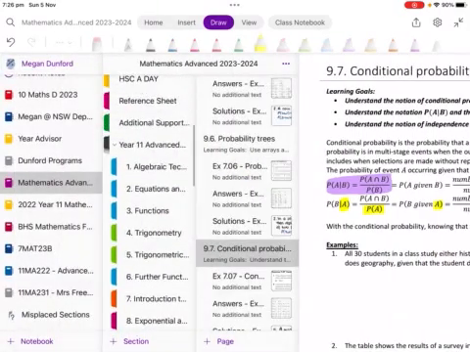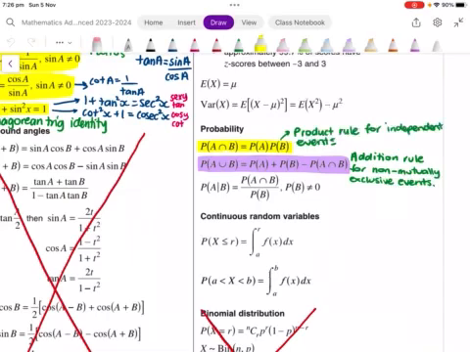Flipping to our reference sheet now, we're just going to denote that we know this formula. Obviously, we can't have the probability of B equal to 0, because we don't have fractions with denominators of 0.